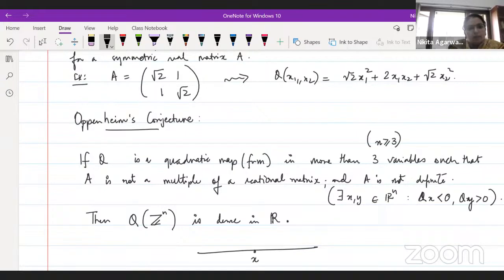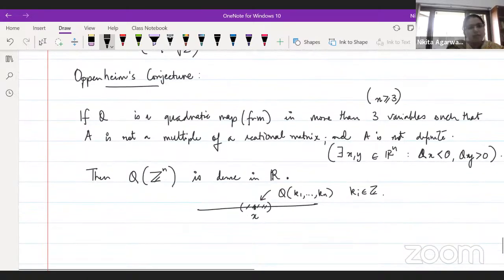You take any real number in R and any neighborhood here, so there exist k1, ..., kn, each in Z, such that Q(k1, ..., kn) is in this interval. No matter how small an interval you take, there will be some k1 to kn.